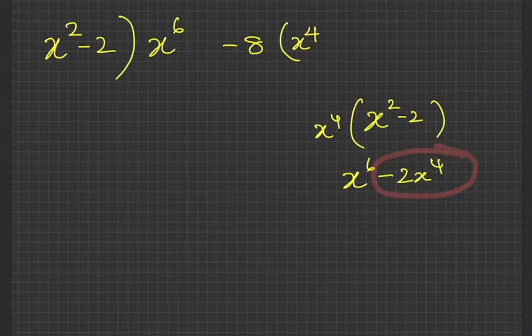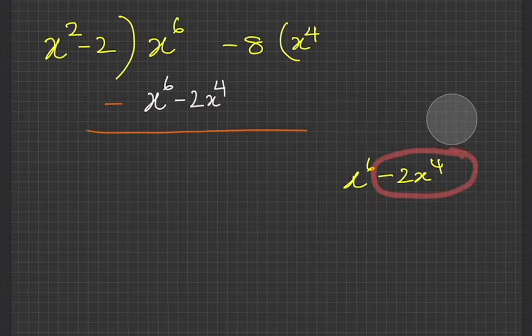Right? So I have x to the power 6 minus 2x to the power 4. And then subtraction sign.